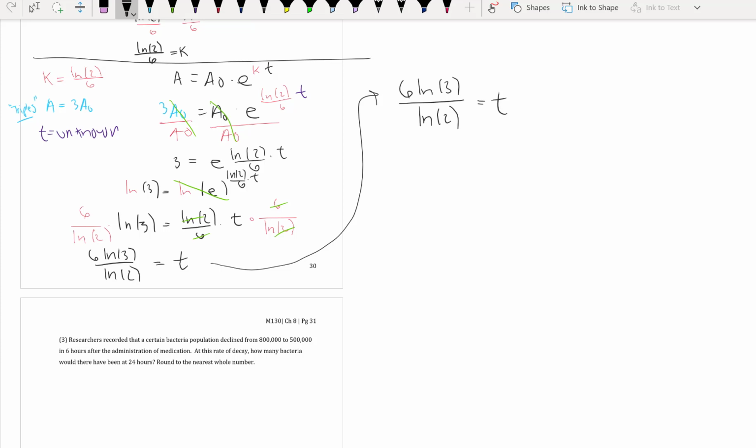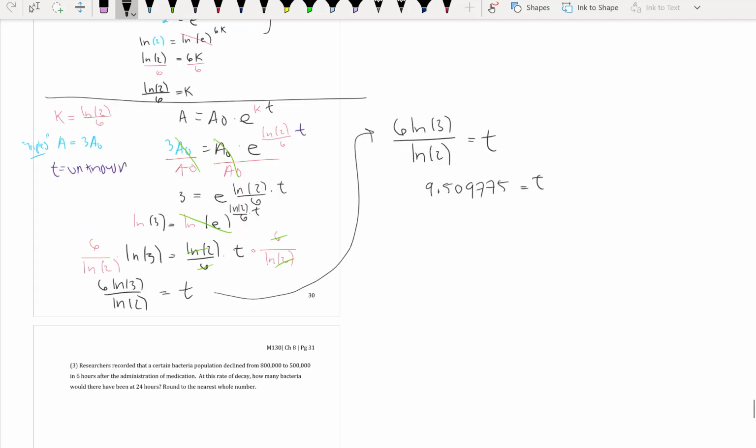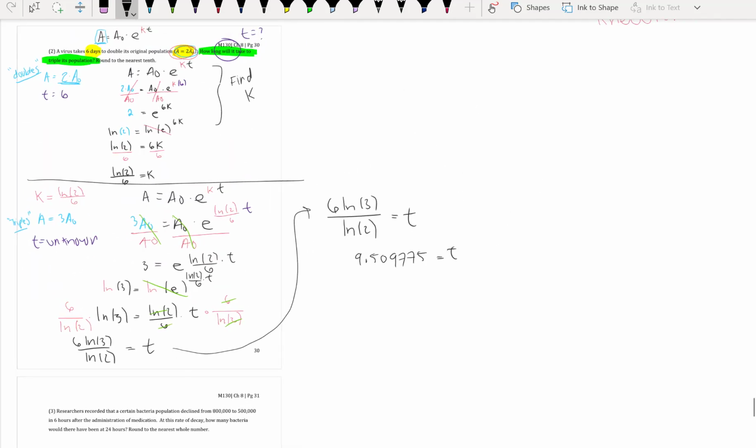So now I'm just going to plug this into my calculator. So I have a fraction, 6 ln of 3, and my denominator is ln of 2. So I end up getting 9.509775 is equal to my t. And if I am rounding to the nearest tenth, oops, and that was a 5.